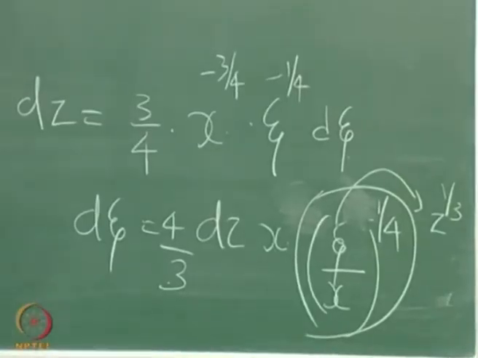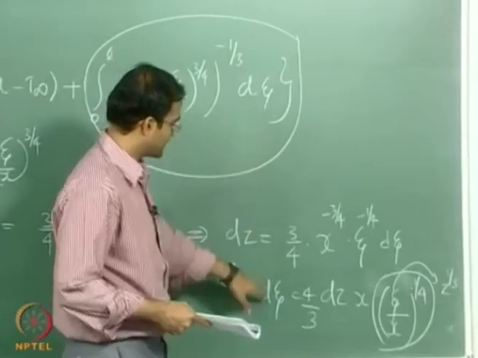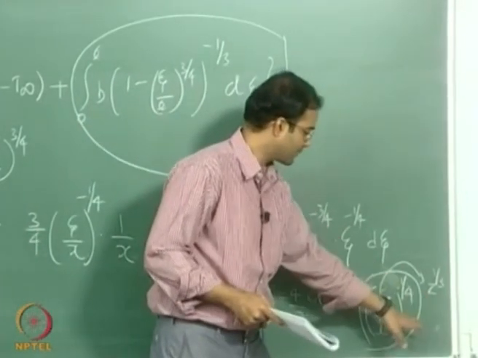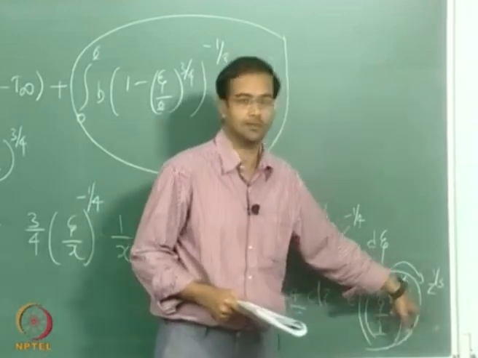So what I am doing is transforming all my variables from the zeta plane to the z plane. Wherever I have z, I also have to include that.